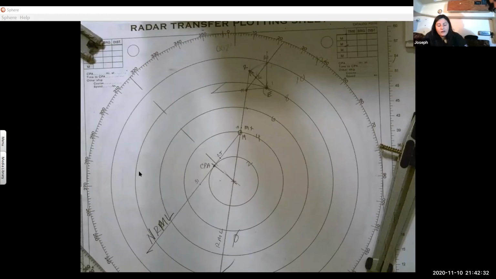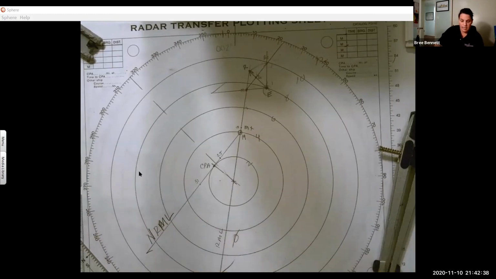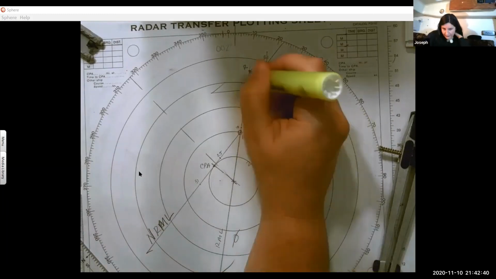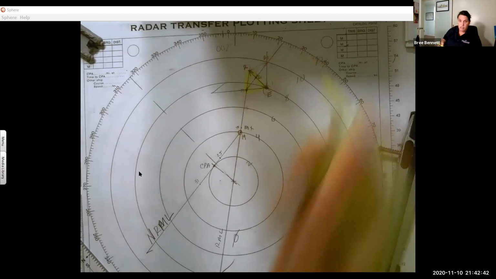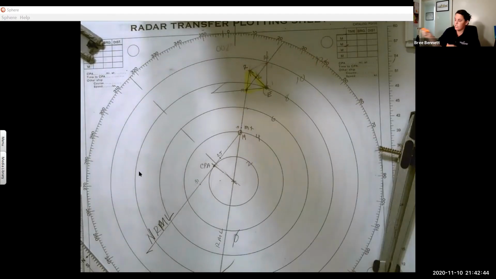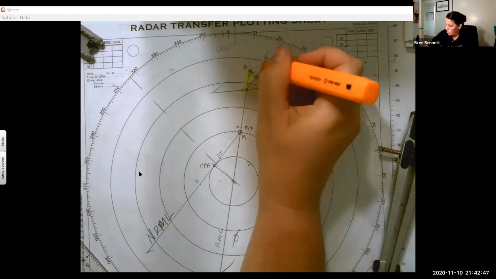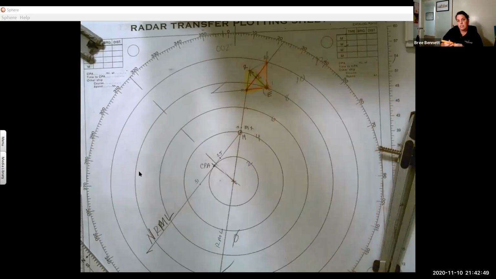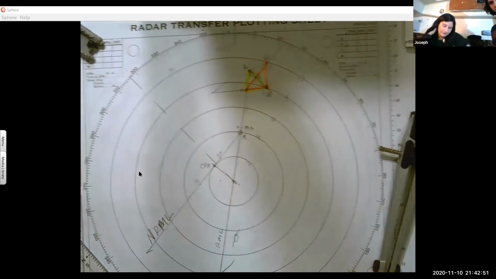So next week starts our quiz. Is this still first triangle? This is second triangle. Okay, this is our first triangle, the original, and the second triangle is with our course change. Okay, cool.